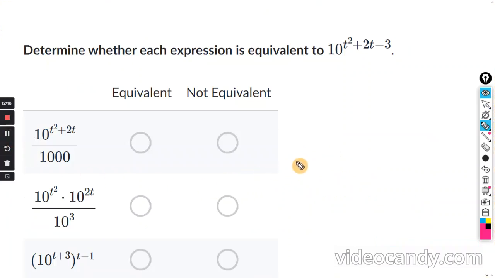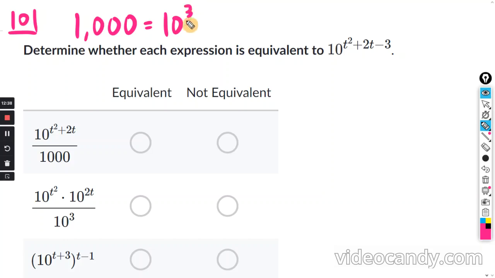All right, last one. Check the base numbers. Here we have a 10, 10, 1,000. So we can convert all of these to the smallest one, which is 10. The only other one other than 10 is 1,000. All right, we know that 1,000 is equivalent to 10 to the third. All right, so let's see.